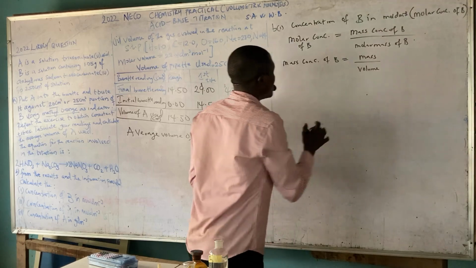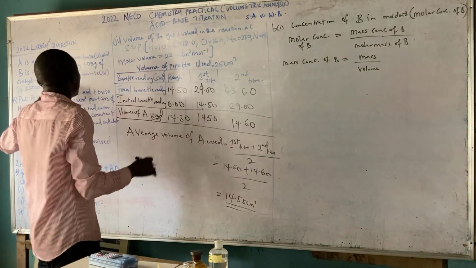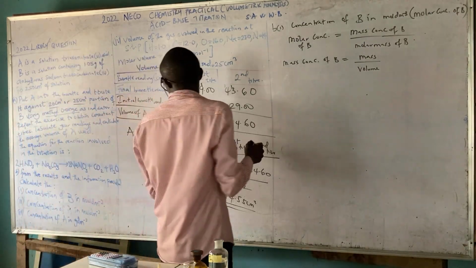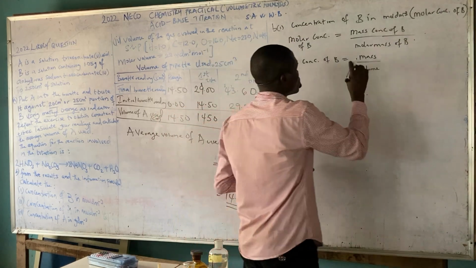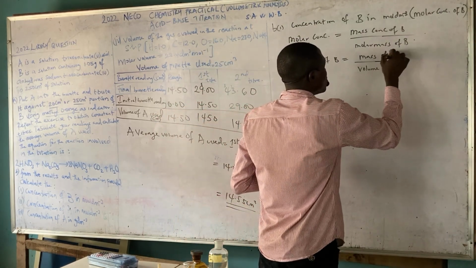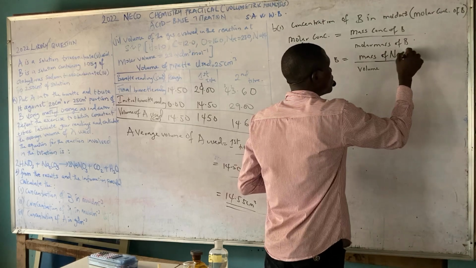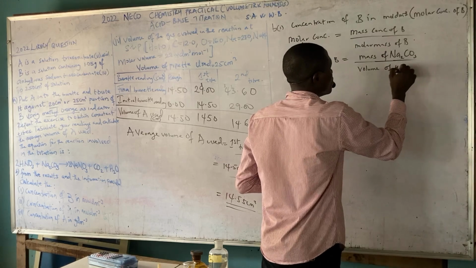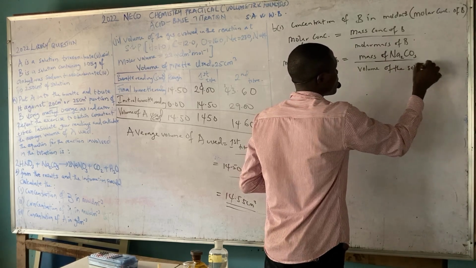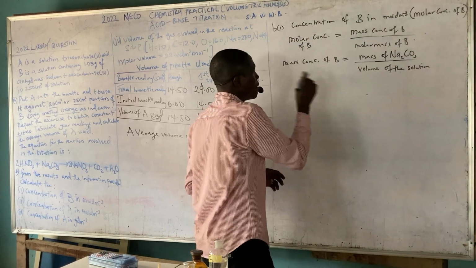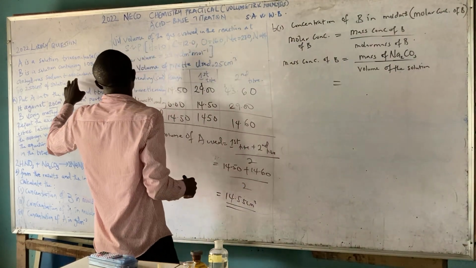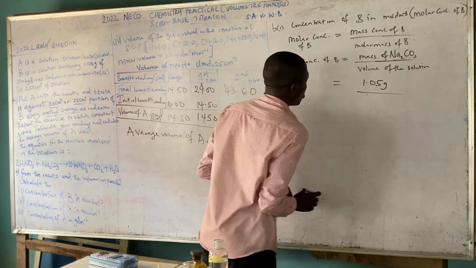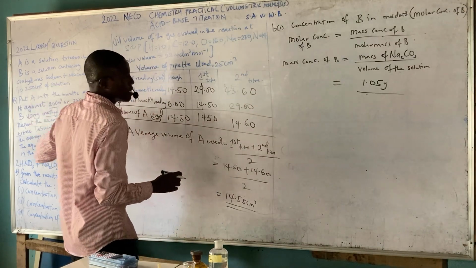That is the mass of B. And we are told that B is a solution containing 1.05 gram of anhydrous sodium trioxocarbonate IV, which is Na2CO3, all over the volume of the solution itself. So that's how we are going to get the mass concentration of B. The mass of Na2CO3 from the question is 1.05 gram, and the volume of solution is 250 centimeter cube.